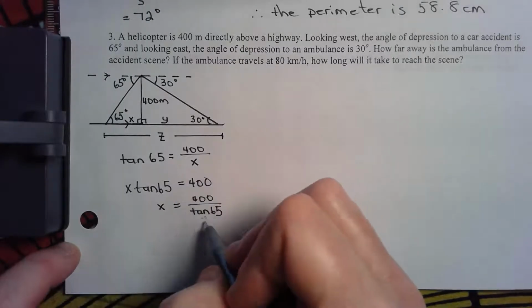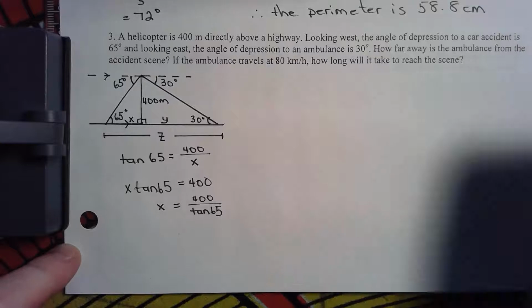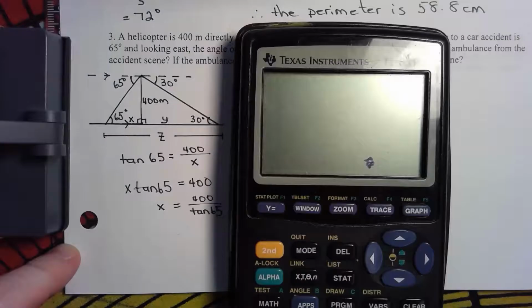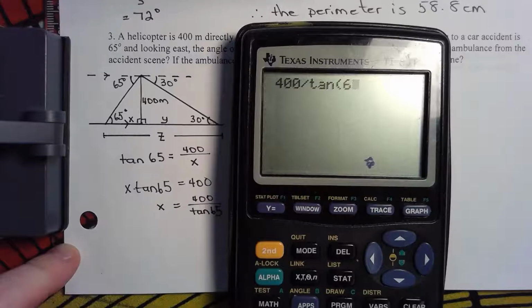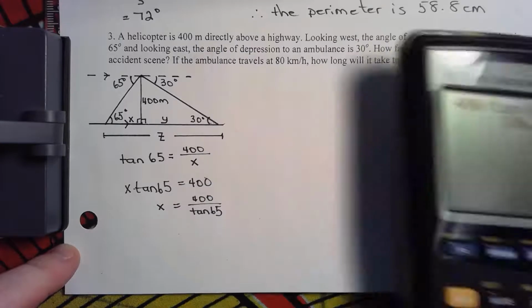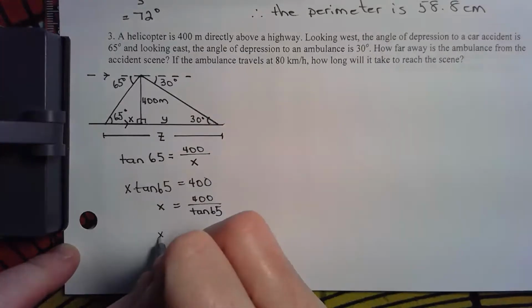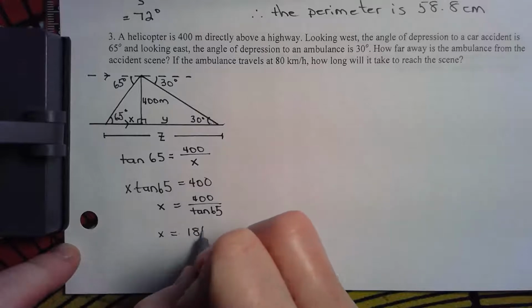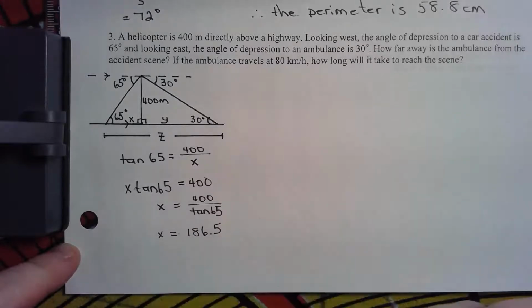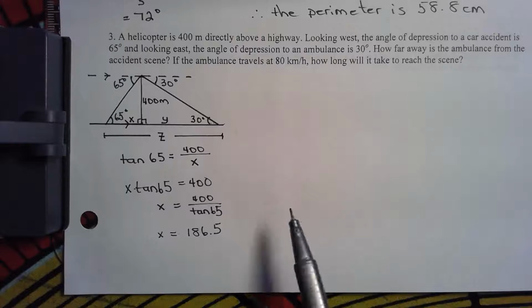When I move it across, it becomes a division. So if I bring my calculator in, I do 400 divided by the tan of 65, and I get 186.5. So now X is equal to 186.5.